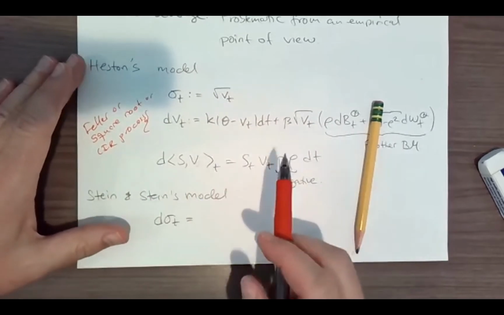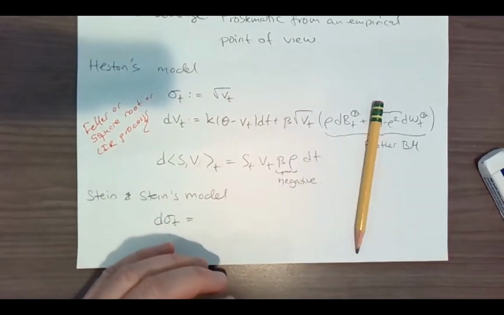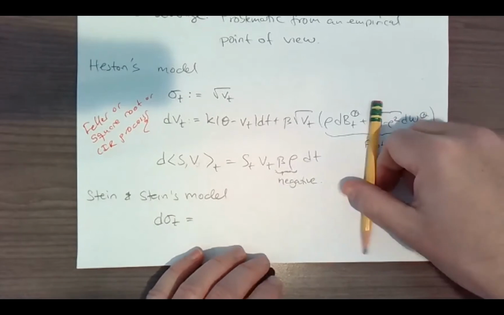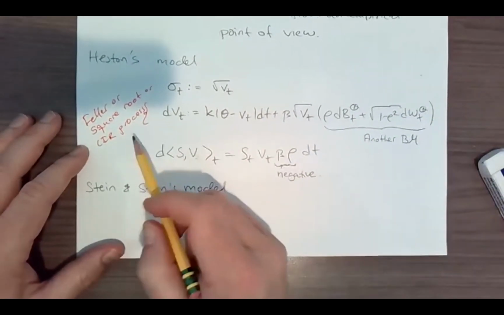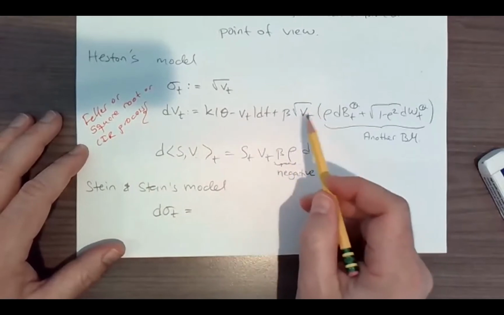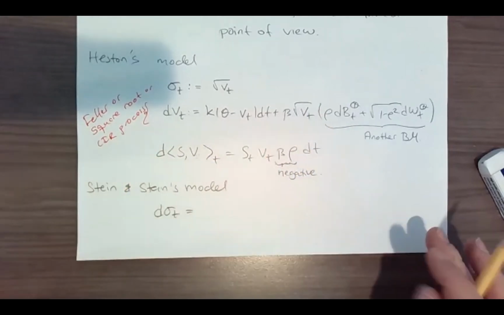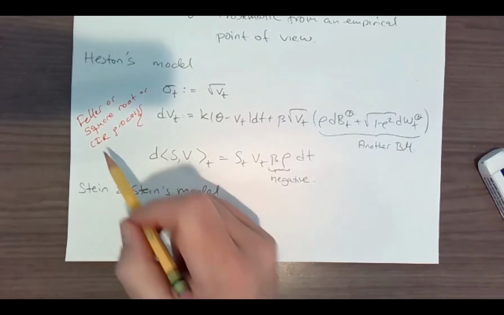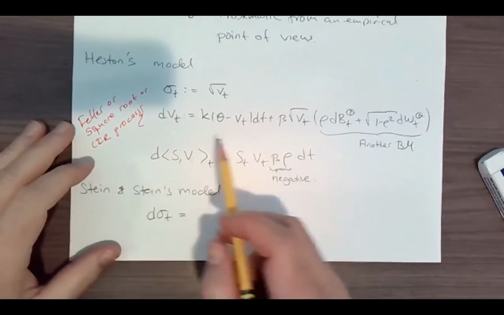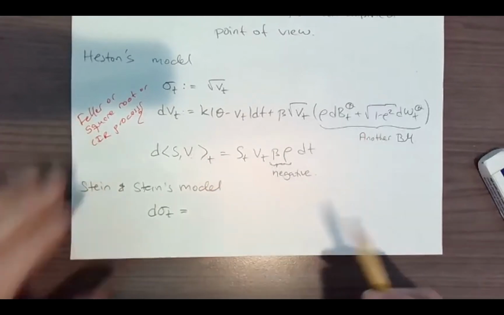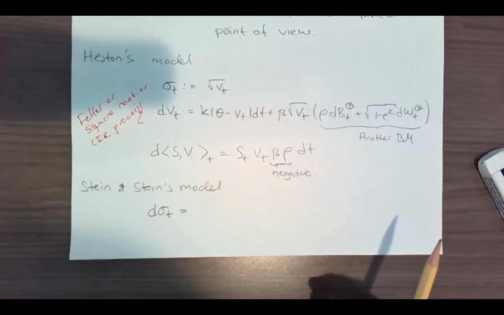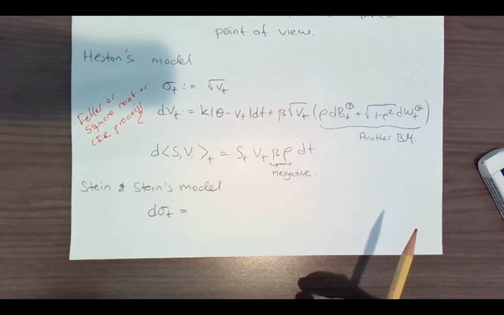This particular process has lots of different names depending on where it's being applied. Feller was the original researcher who studied this and proved the existence. The square root process, that's because we have a square root over here. And then the CIR process is because in fixed income, Cox, Ingersoll, and Ross were the first ones to figure out what zero coupon bonds would look like in such a model. And this is exactly what you guys are doing in one of the homeworks.